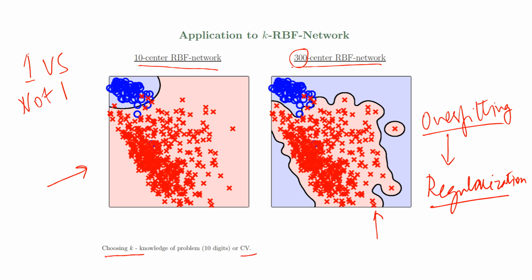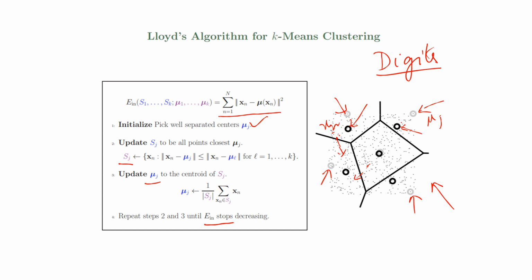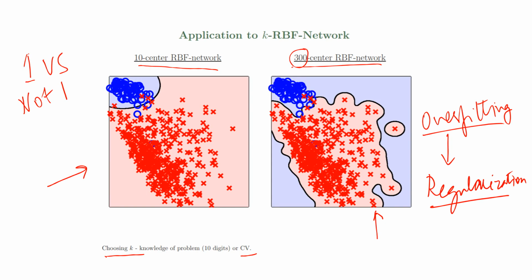Either one of those techniques should work fine: regularization, domain knowledge, or cross validation to get the right number of clusters. Regardless, we see the difference between 10 center versus 300 center, and we don't want overfitting to happen, so we have ways to deal with it. But this is the application of my Lloyd's algorithm for k-means clustering to the k-RBF network. All right, the results look good, at least for the 10 center.